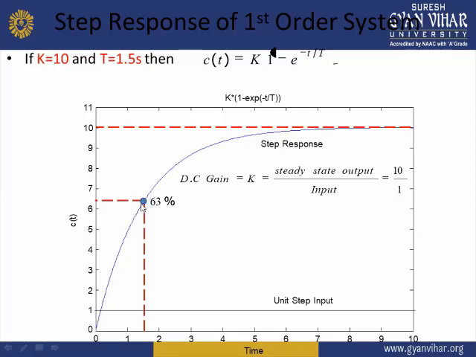And the DC gain K is nothing but the steady state output upon the input. What is the steady state output in this case? This is the steady state output, 10. And what is the input? The input is 1, this is your unit step. So your DC gain comes to 10 upon 1. Is this clear?